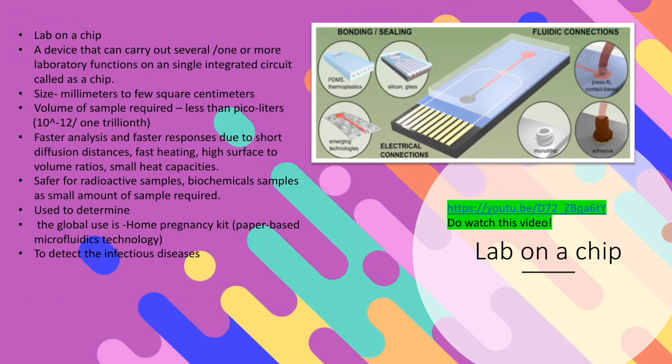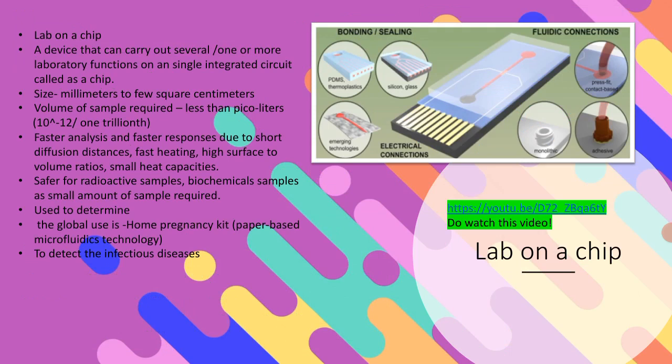This is a type of biochip called a lab on a chip. The name says that in this chip we can carry out the reactions that we used to carry out in laboratories, so the name is lab on a chip.